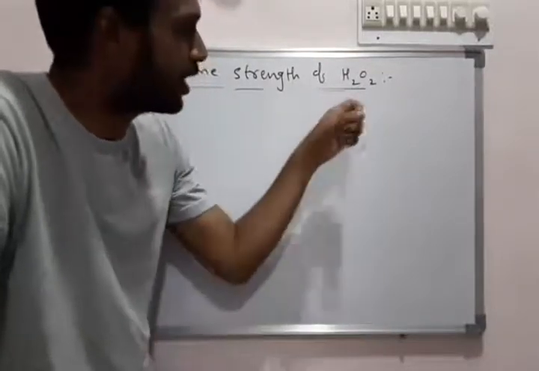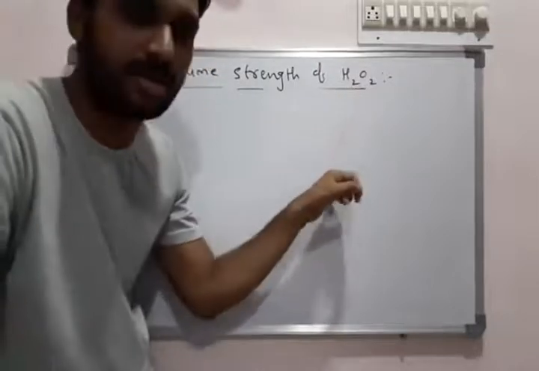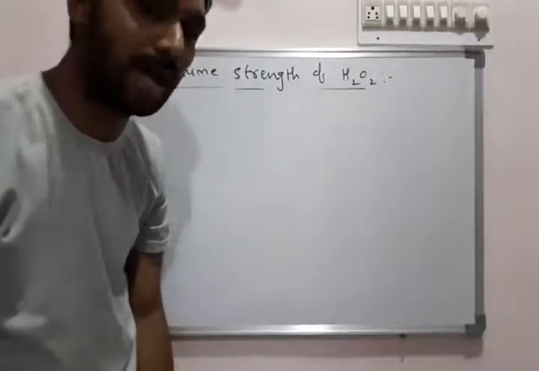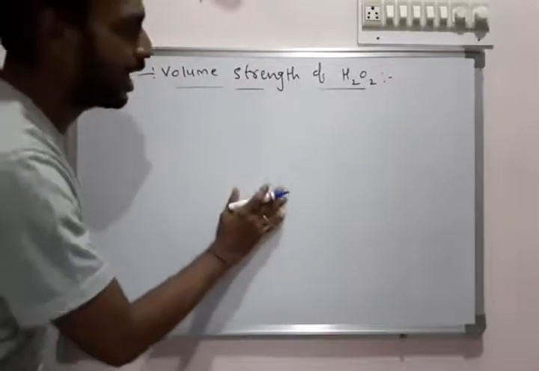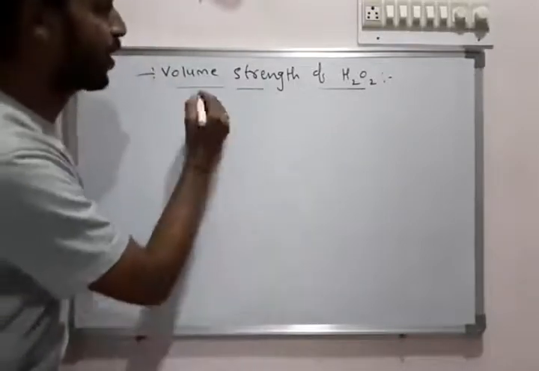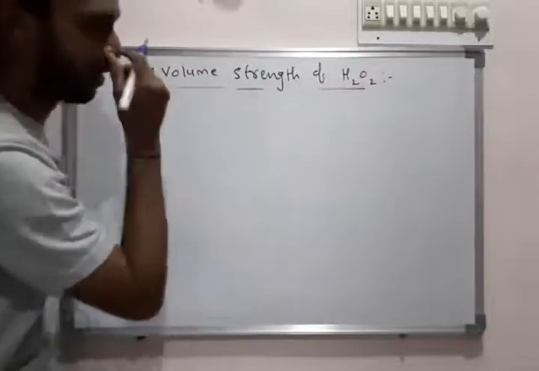Here we use the same measurements for hydrogen peroxide, and there is another measurement for expressing its concentration, the volume strength of hydrogen peroxide.